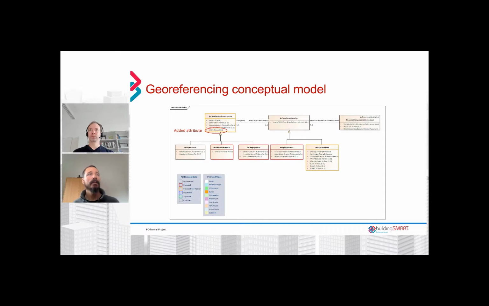The red outlined entities are the new entities, where the IFC well-known text CRS is the one that might be replaced just with the attribute.